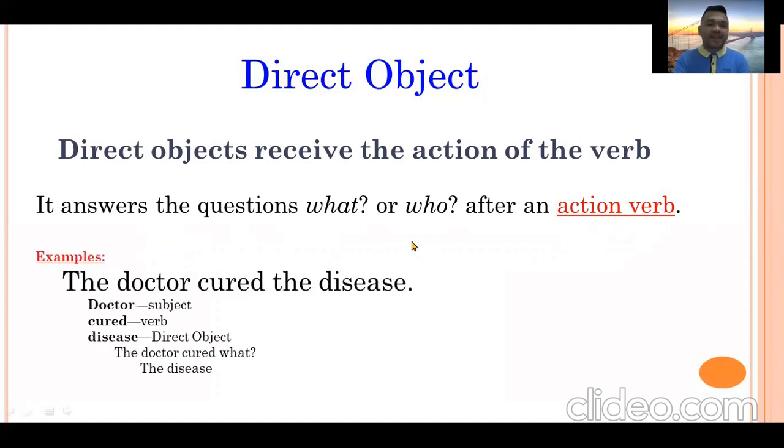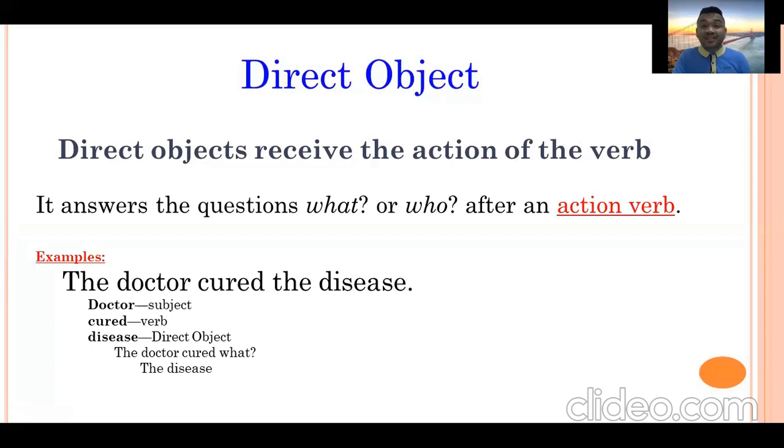Take a look at some examples here. We have the sentence, the doctor cured a disease. Let's chunk this particular sentence into its parts and identify the subject, the verb, and the direct object. The doctor is the subject, and cured is the verb.